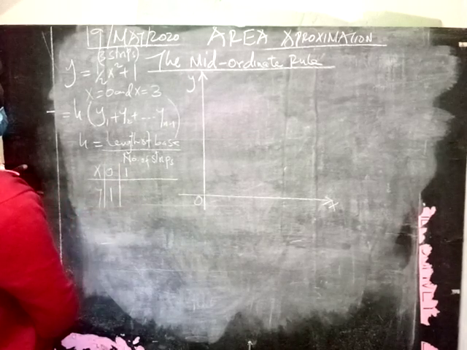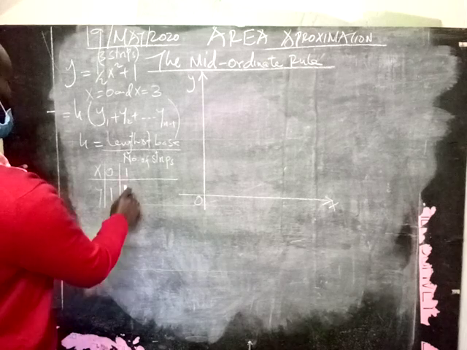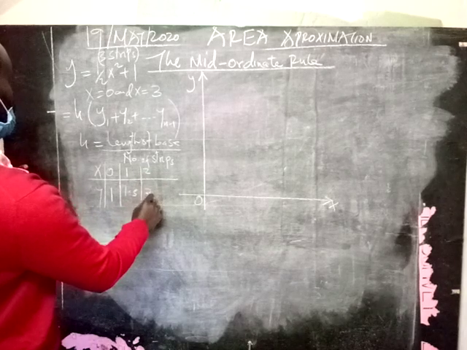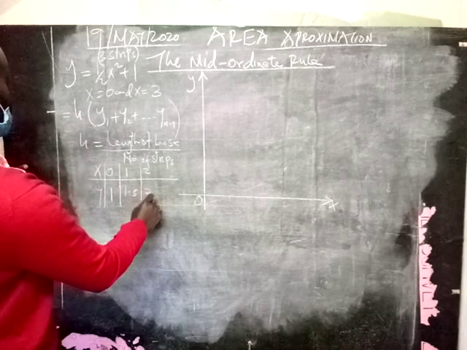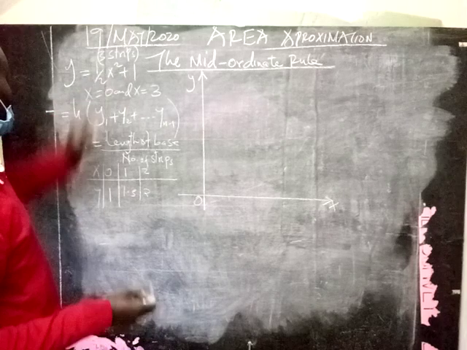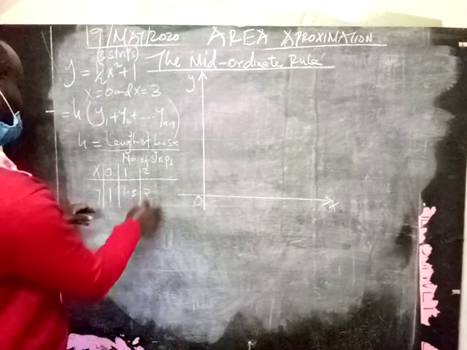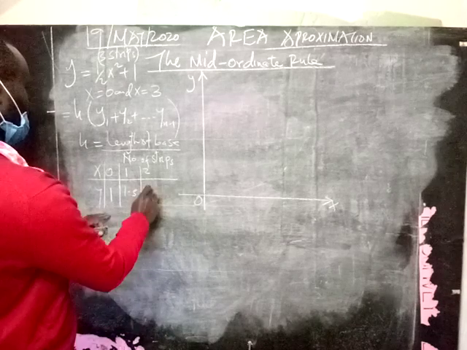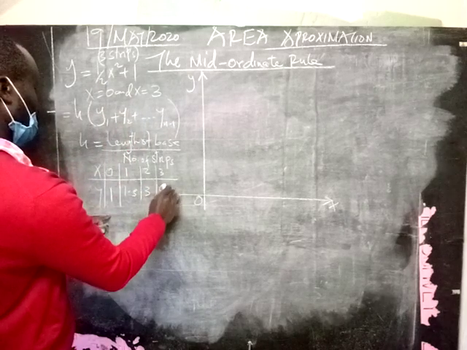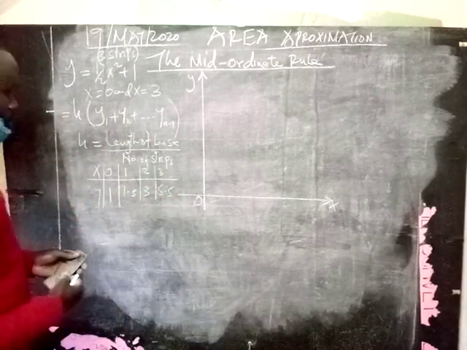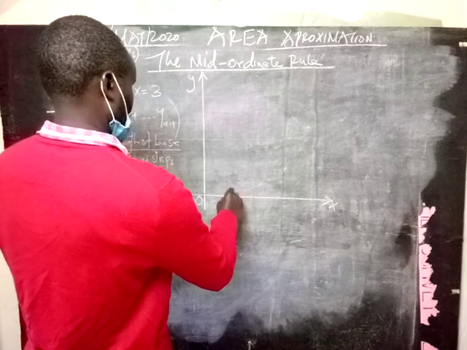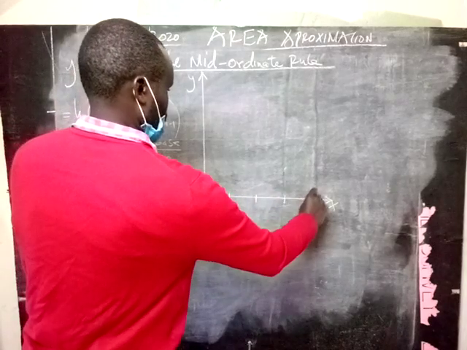When x is 1, y is going to be 1.5. When you have x as 2, it's going to be 3, because x squared is 4, divided by 2 is 2, plus 1 is 3. Then x is 3, x squared is going to be 9, 4.5, 5.5. So that is our table.